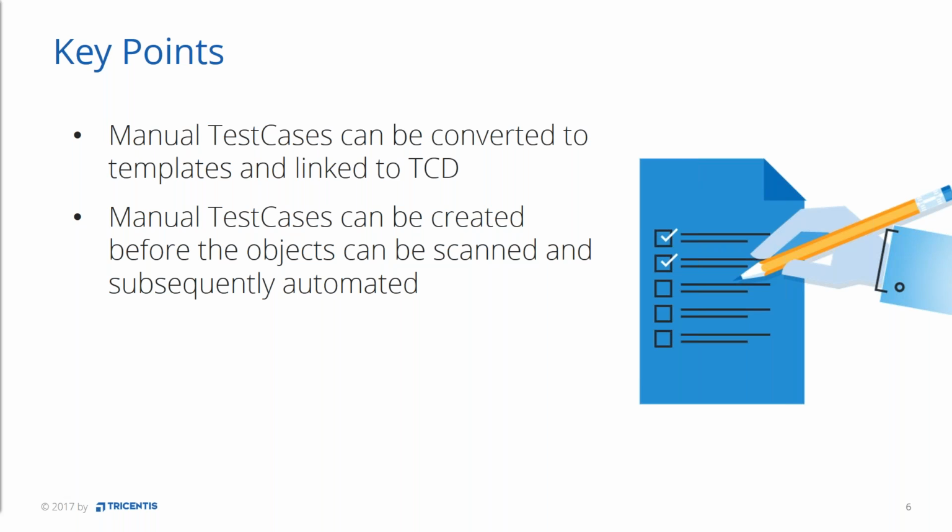I could drag one instance, for example the smoke test, the straight through, and convert that to a template, and then link the test sheet, and I could then create multiple template instances, so manual test cases based on my manual template. And again, that would be great for later automation, because I automate just the template and instantiate, and then I get a bunch of automated test cases or template instances.